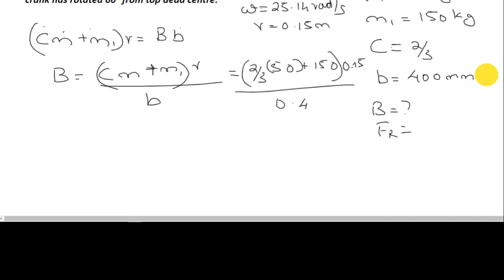This is equal to 0.4 meters. So if you do the calculation, you will get the balancing mass as 26.38 kilogram. This will be your answer for the first question.